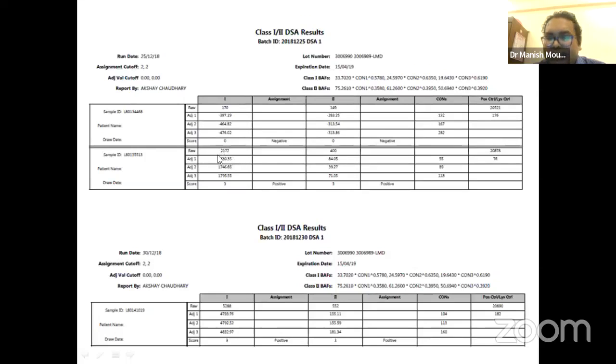So this is considered positive compared to class 1, which is very low. When we look at this report, this is also very high, class 1 is 5,000 something, and class 2 is low. So this is how we are getting the data, converting it into the reporting format, and giving it as MFI positive or negative in lysate-based DSA.